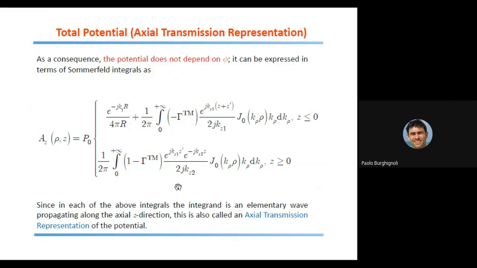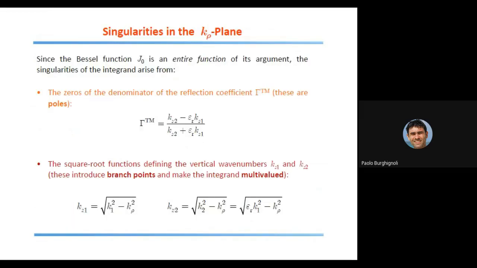Now, of course, in general, we are not able to close those integrals analytically, so they must be evaluated numerically. But what's interesting now is to explore the integrand of those integrals. To this aim, let us first note that the Bessel function does not pose any particular problem of singularities because it is an entire function of its argument.